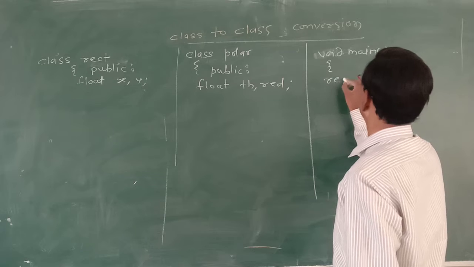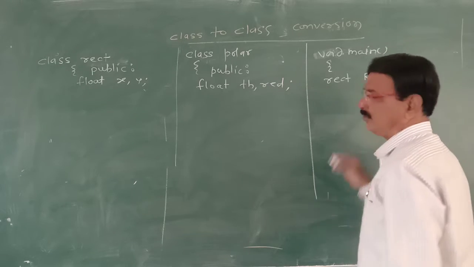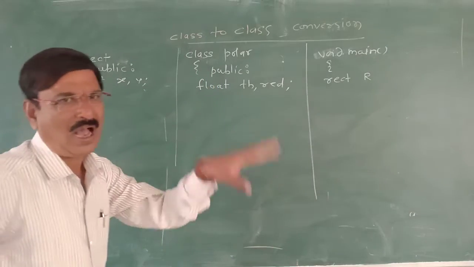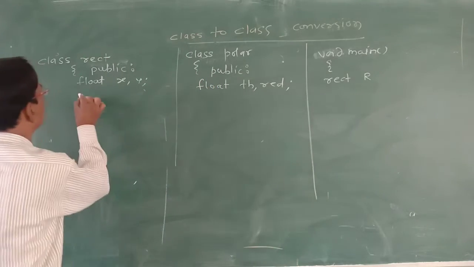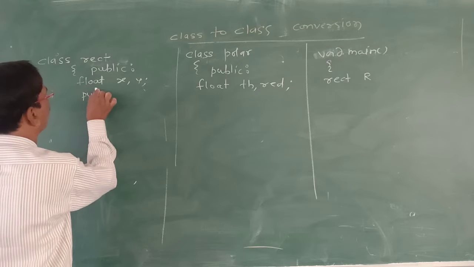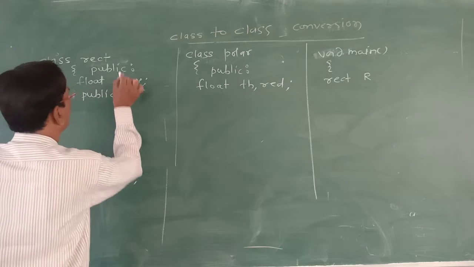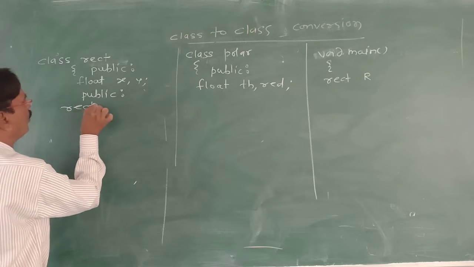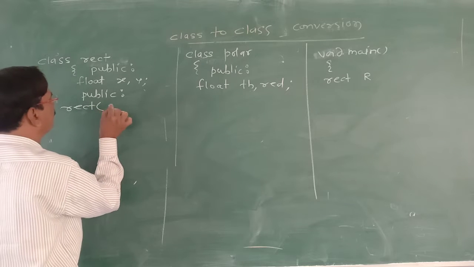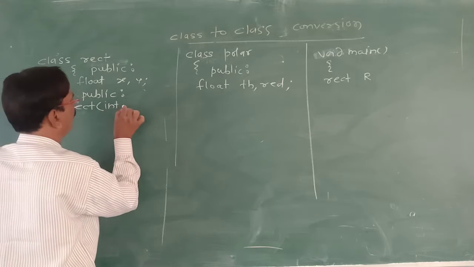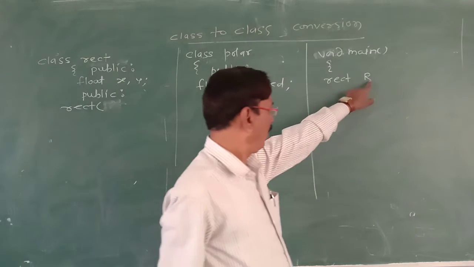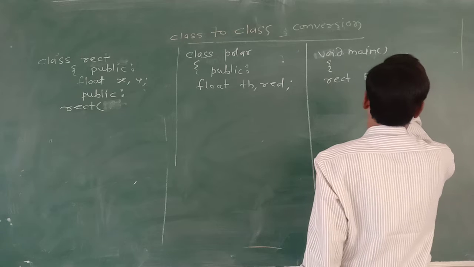Rect R. Now suppose R we have to initialize. So inside here, public, we are getting the function rect in brackets, and here the value we will pass is 4.